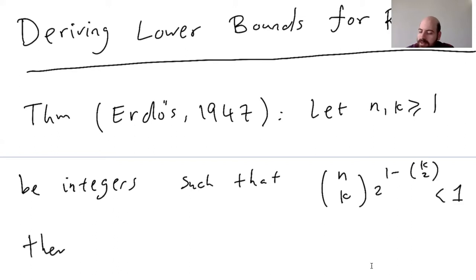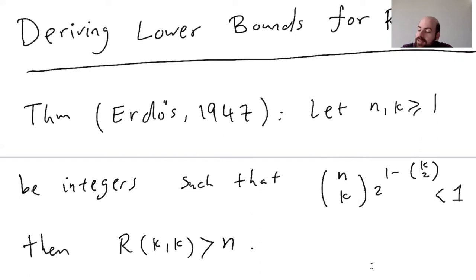Then we can say that capital R of k and k is bigger than n. This is a lower bound for the Ramsey number R of k and k.